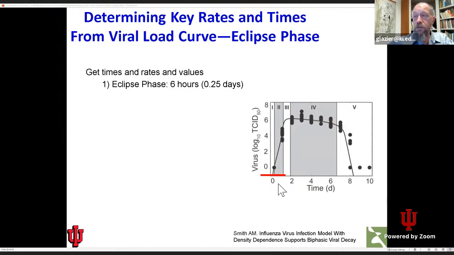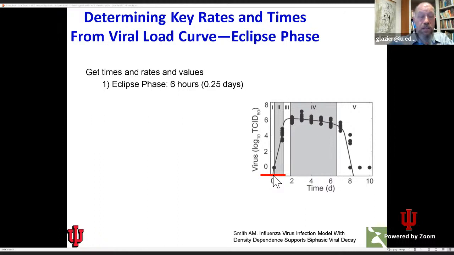And so the first thing that we're going to see here is the eclipse phase. If we look at the line that's been drawn to guide the eye, it's not really a measured line, we see that there is a gap of about a quarter of a day during which nothing happens.